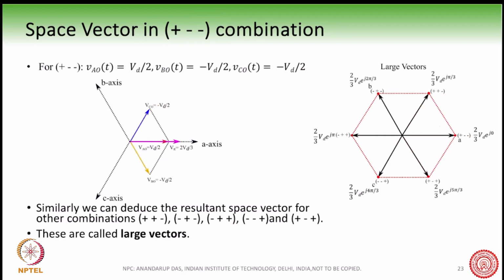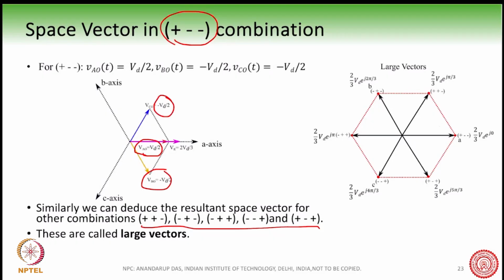And similarly, if you take these combinations, and there are 6 such combinations here, these will produce what is called the large vectors. If you take this one, A phase is plus, and B and C phases are minus here.